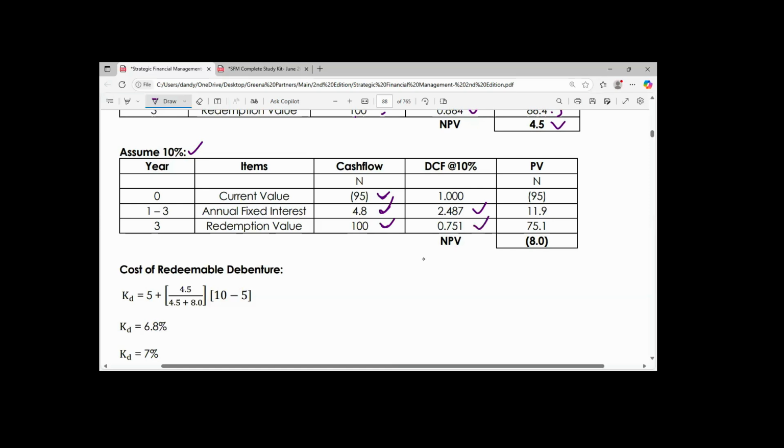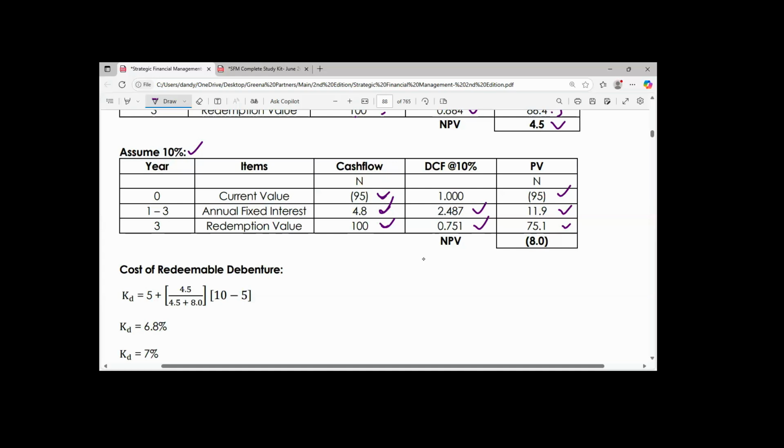Therefore, you multiply the discount factor with the cash flow. 95 multiplied by 1, 95 negative. 4.8 multiplied by 2.487, 11.9. 100 multiplied by 0.751, 75.1. So you add up the positive present values, that gives us 87. 87 minus 95 will give us minus 8.